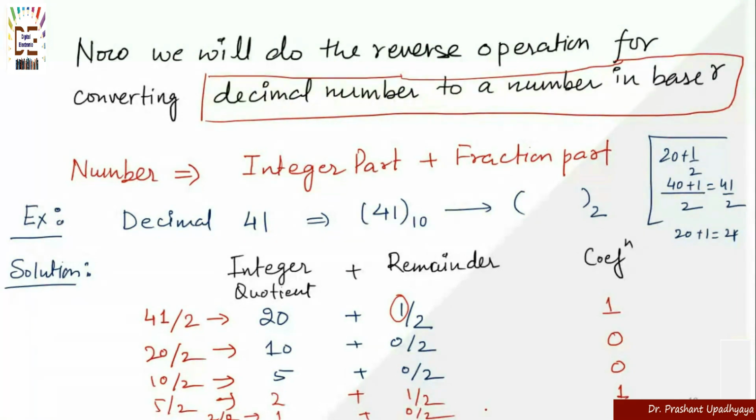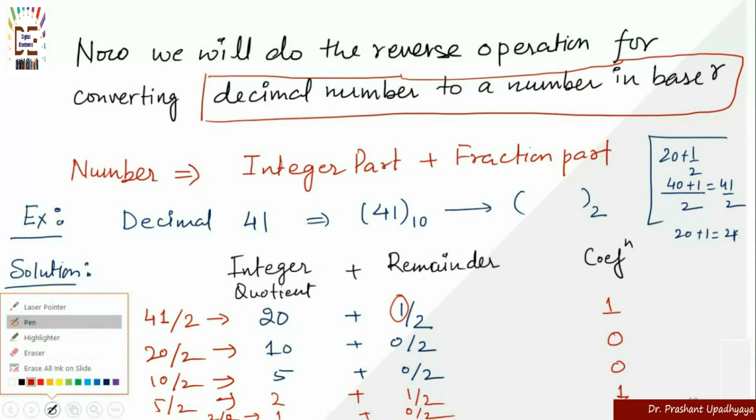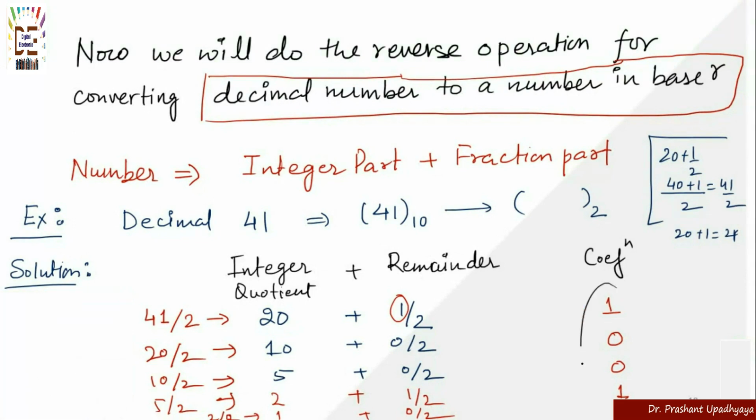So what will you be writing? 1 0 0 1. So what you have to do is take this one. Your answer will be taken like this. This answer will be your 1. I have 0 0 1 0 and 1.